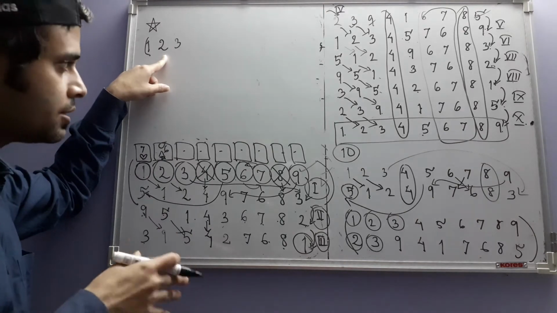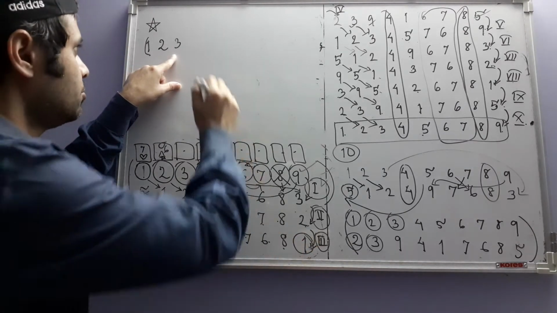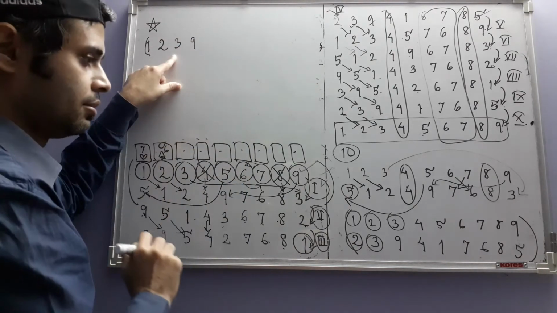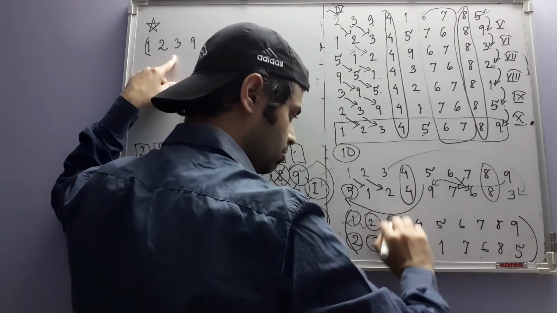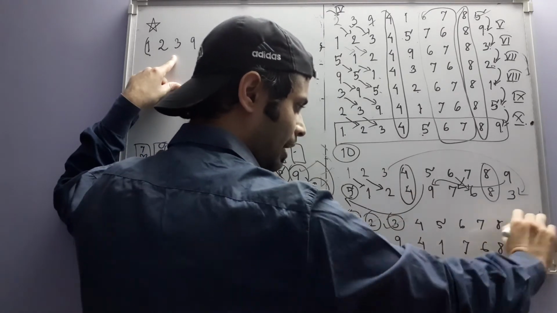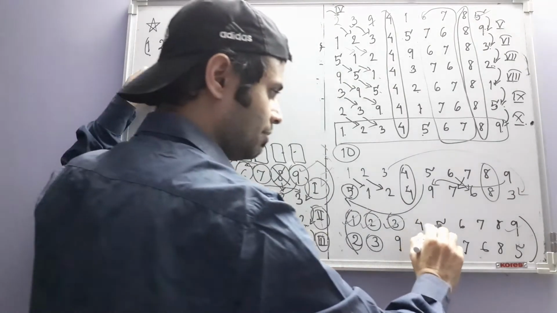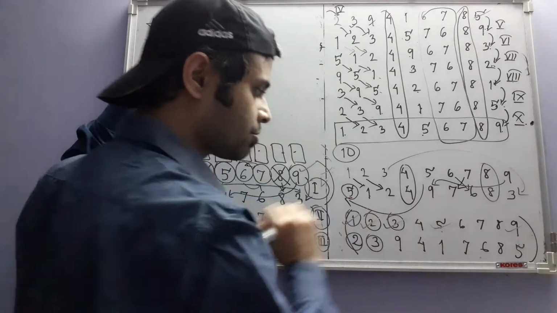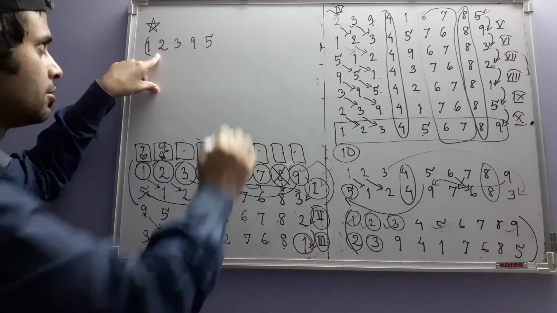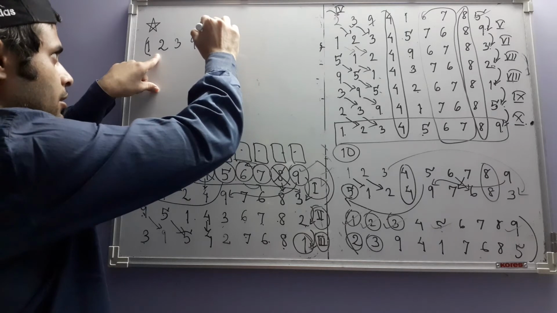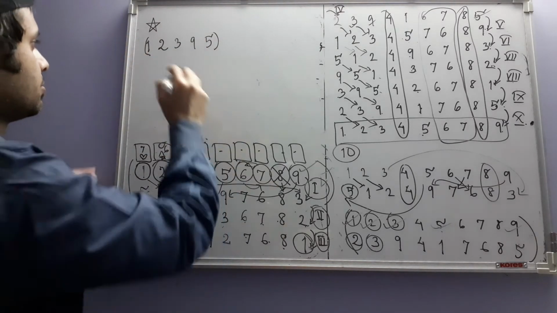According to this scheme of writing, what will happen next? 3 goes to 9. 9 goes to 5, so I write 5 here. Now 5 goes to the first place, so 5 comes back to 1. So instead of writing 1 here, I complete this cycle.